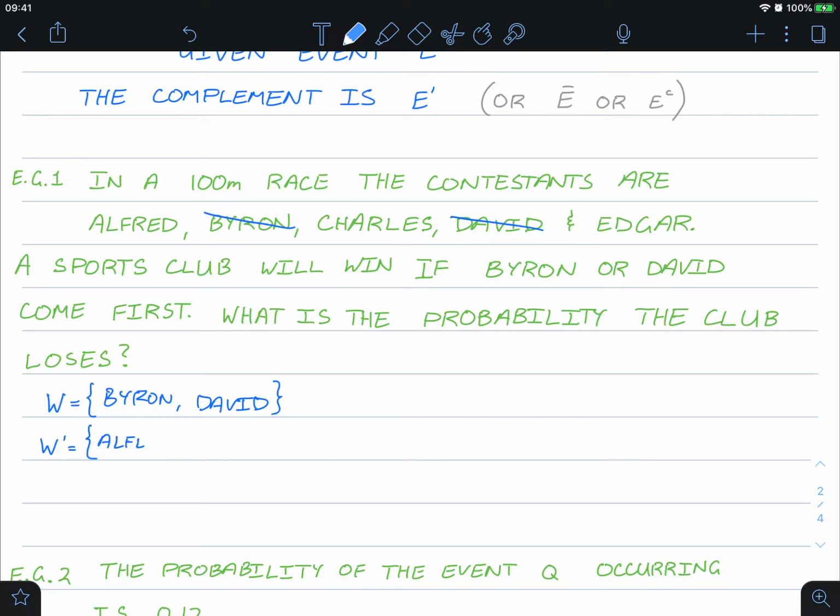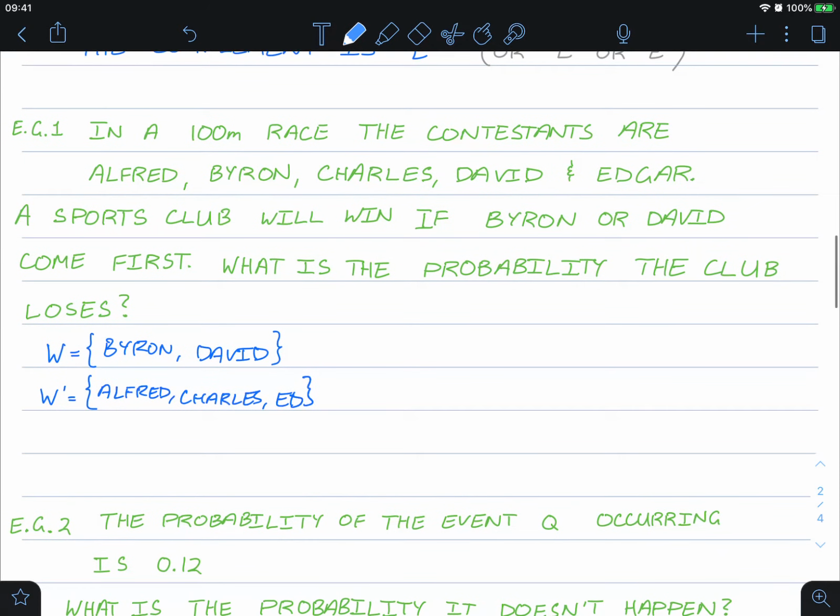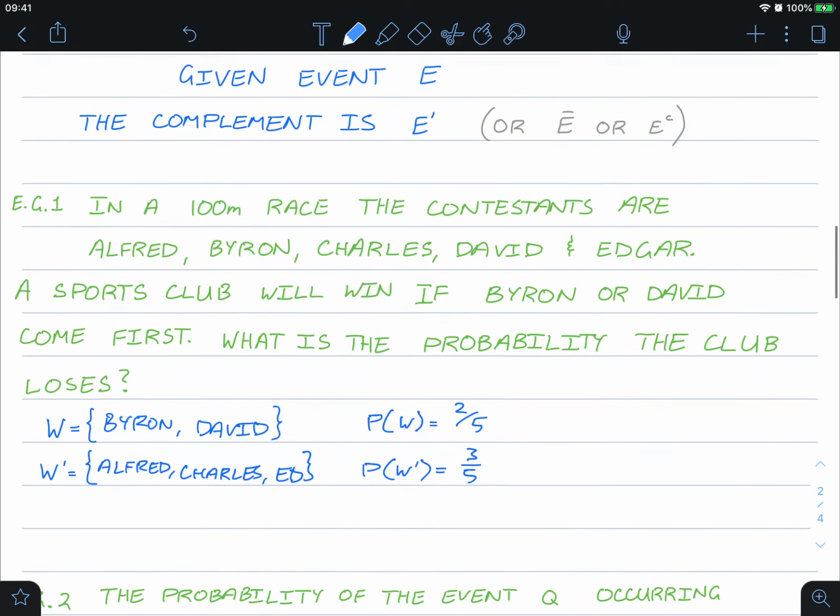This is Alfred, Charles, and Edgar. So now, hope we can see that the probability of a win is 2 out of 5, and the probability of not winning is 3 out of 5.